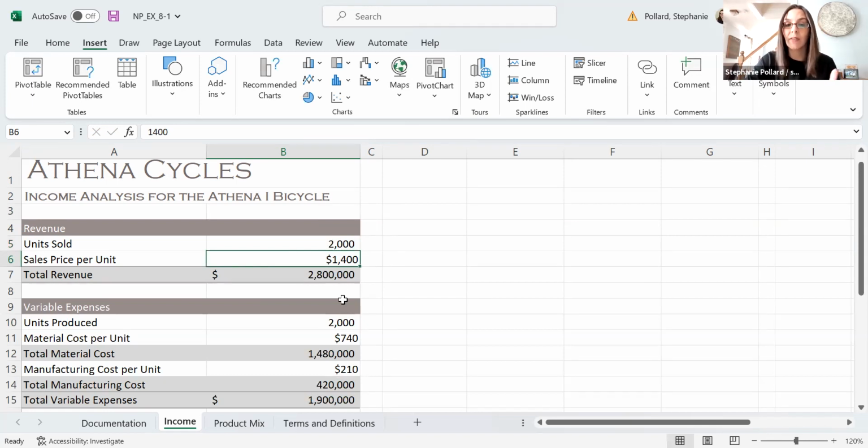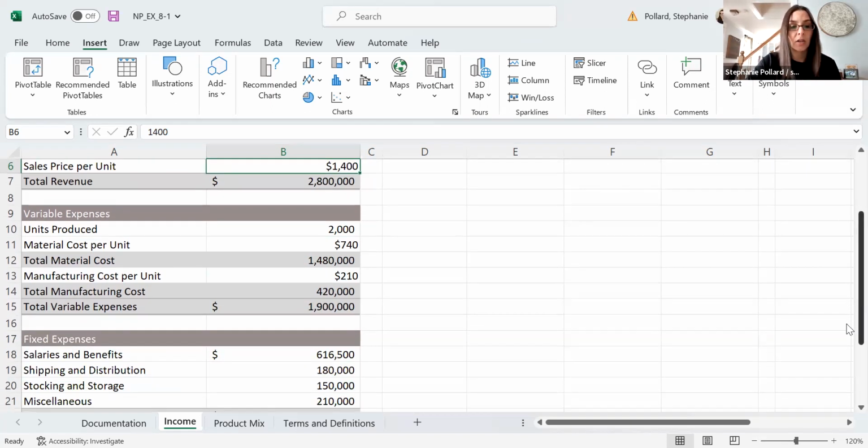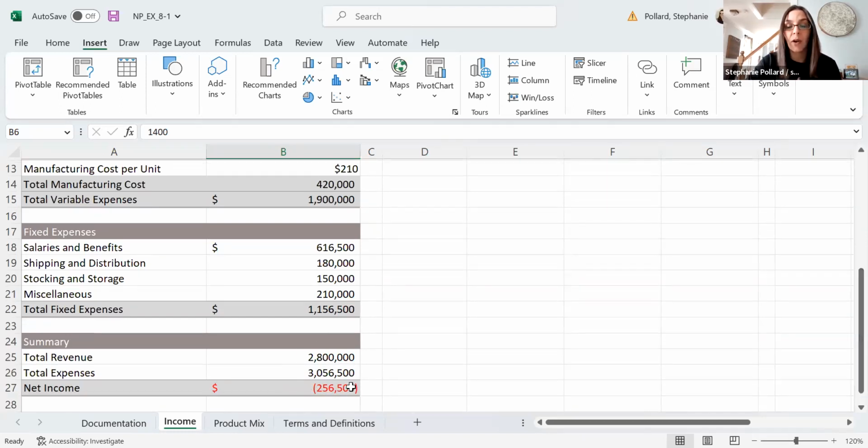You can see everything else updates because I've used formulas everywhere that I can. I can see how my revenue changes, how my costs change, and my fixed and variable costs. And now if I only sell 2,000 units, I am in the red, so I'm negative. I'm losing $250,500. This is already pre-formatted so that you are seeing any losses in red here.